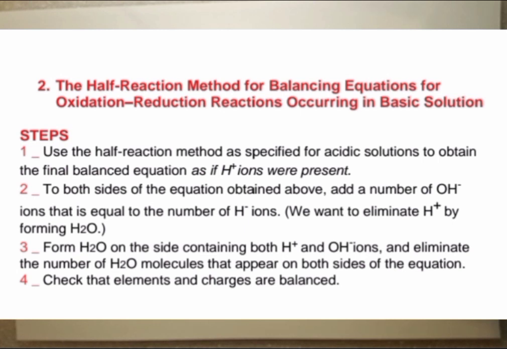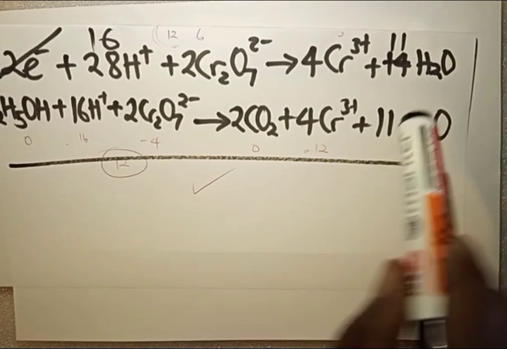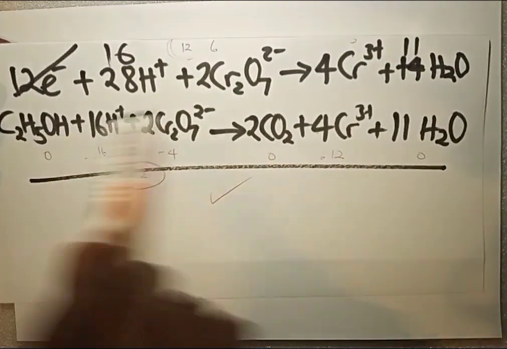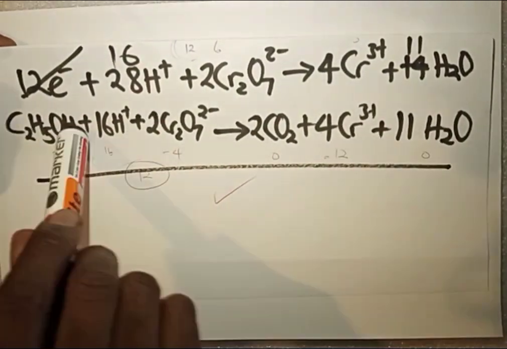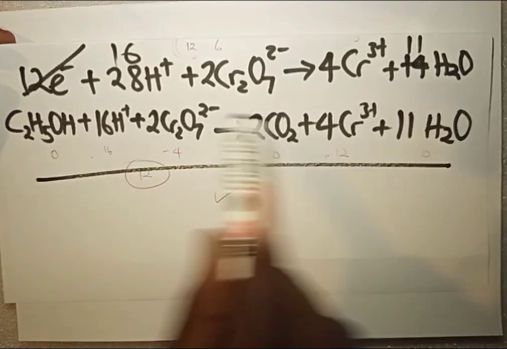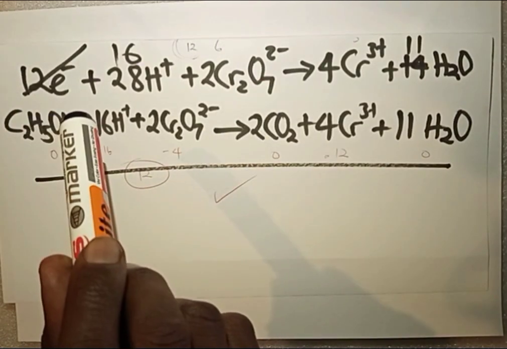The steps are given. So if we look at these steps, step 1 says from where we've ended in the acidic medium. The second thing we do, it is to both sides of the equation, this equation that we had, from both sides, we need to add hydroxide ions.